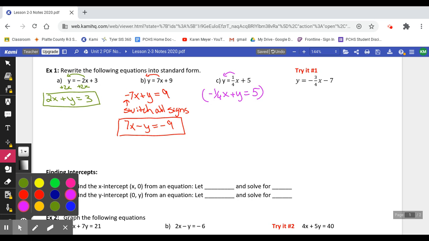So to show that I'm going to multiply everything by the denominator, I'm going to put the whole equation in parentheses, and I'm going to put a 4 outside. So think of it like distributive property. So negative 1/4 x times 4 is just negative x. 4 times y is 4y.